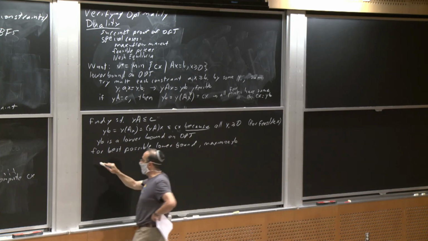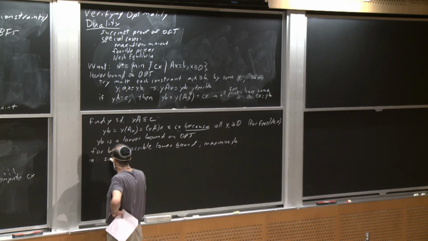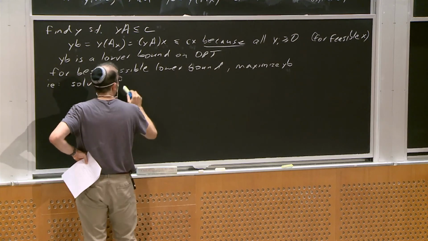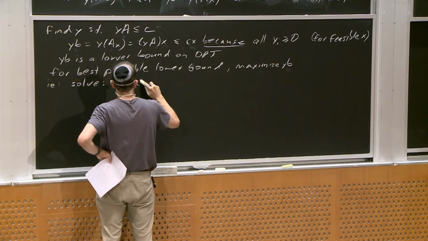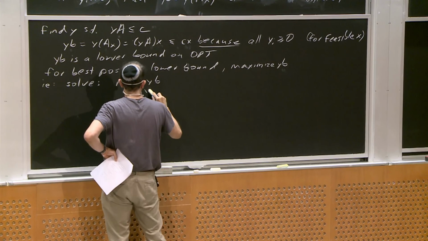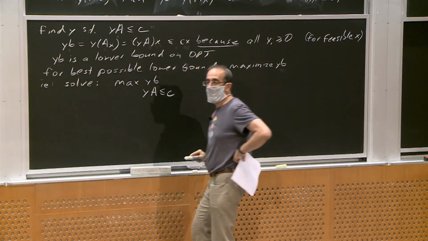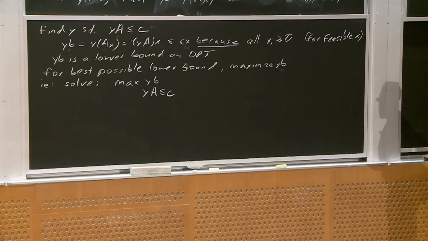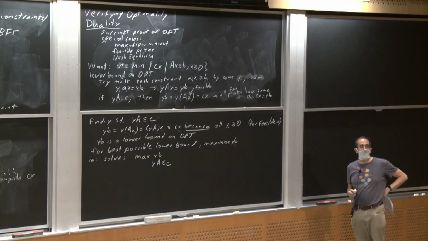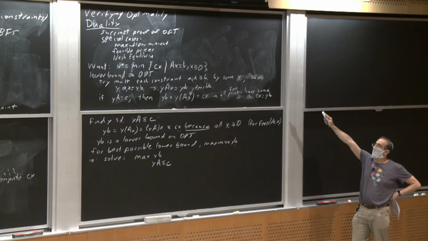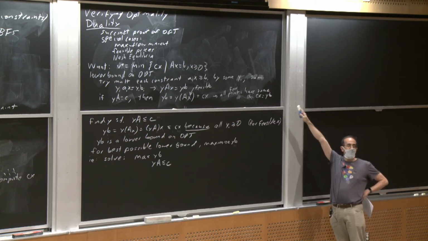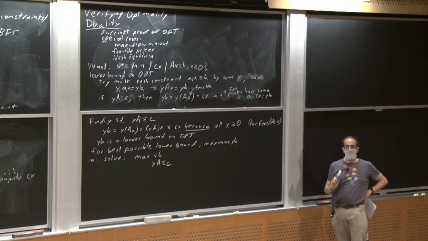In other words, what I want to solve to get the best possible lower bound is max of yb such that yA is less than or equal to c. What's that? That's a linear program. So in order to get a lower bound on my standard form linear program, what I do is I solve a canonical form linear program.